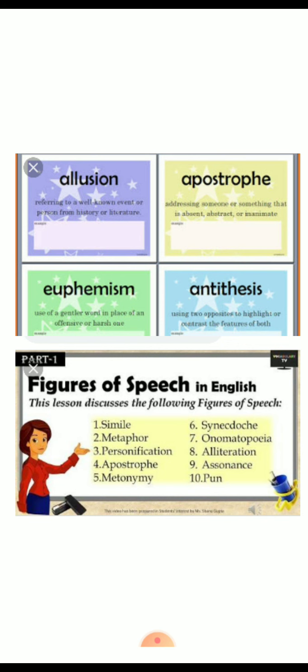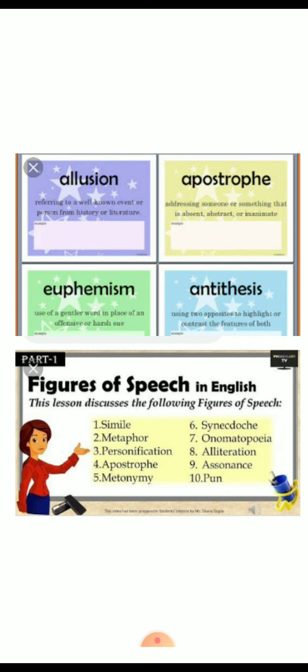So today also I am going to work with the rest of the figures of speech I have collected to explain to you, and I hope the previous lesson was effective enough for you to understand it in a better way. So let's start with the next example of figure of speech.